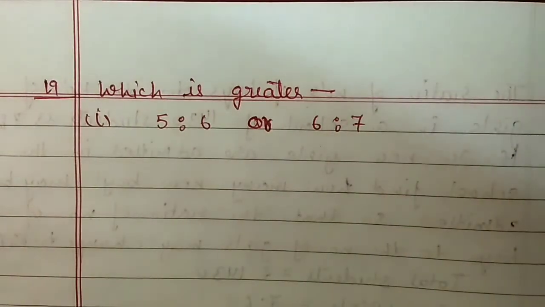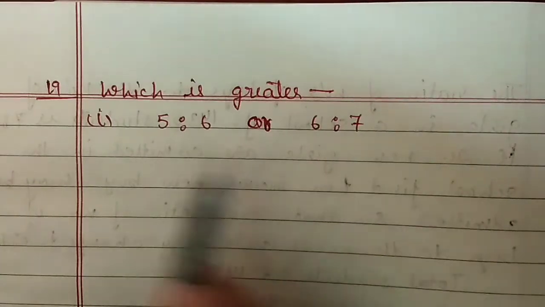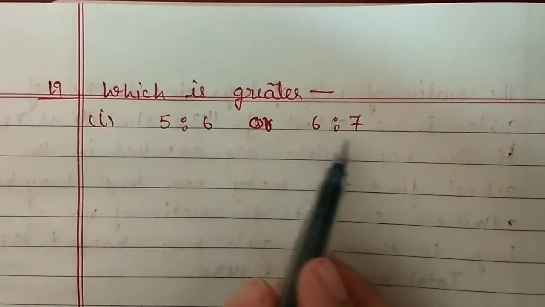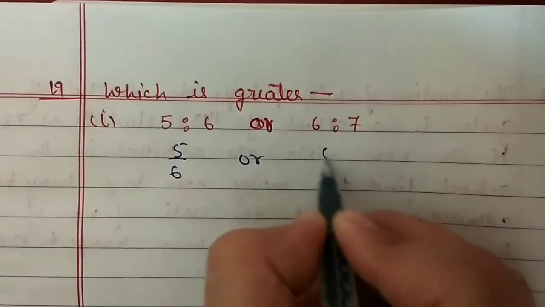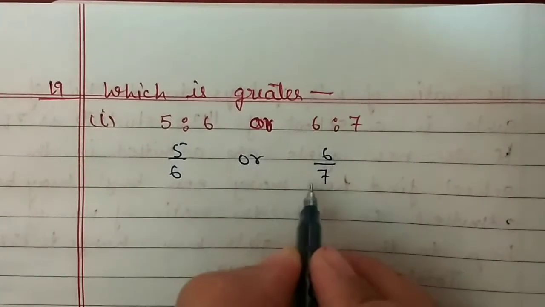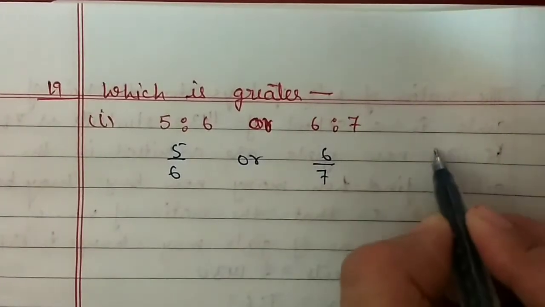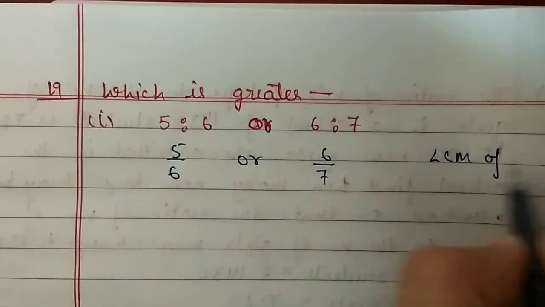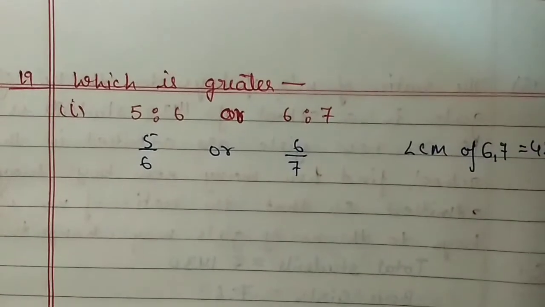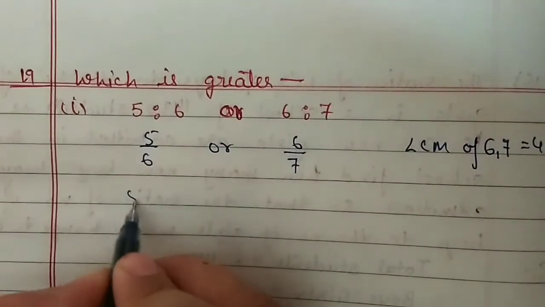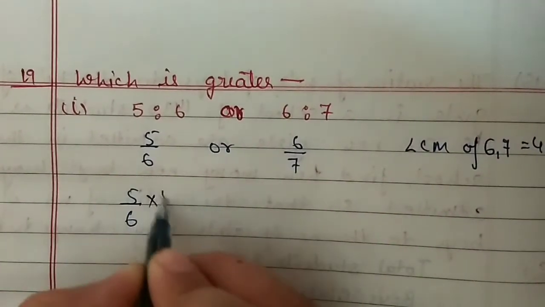Next question number 19. Which ratio is greater? First part 5:6 or 6:7. So first of all we have to find out the LCM for 6 and 7. LCM of 6 and 7 is 42. So multiply both the ratios with the LCM.